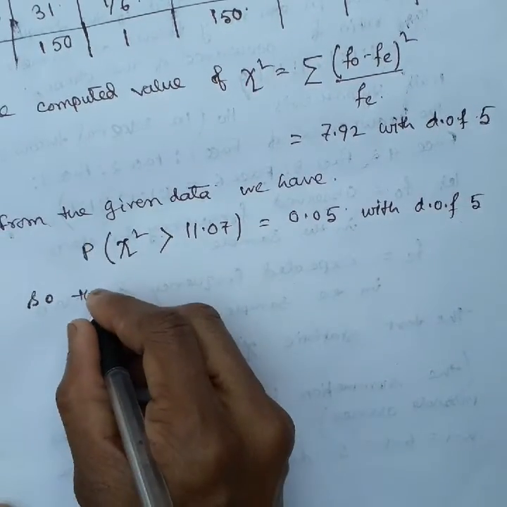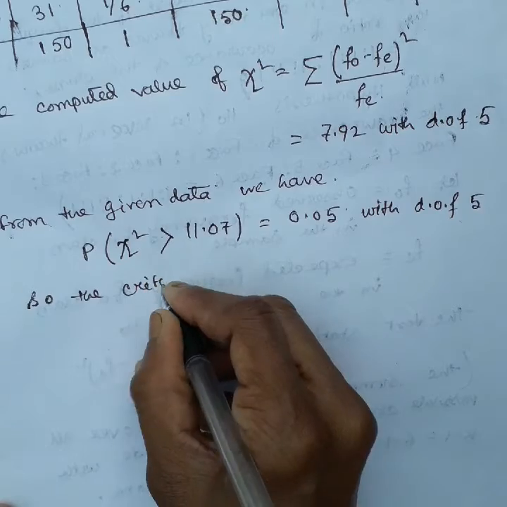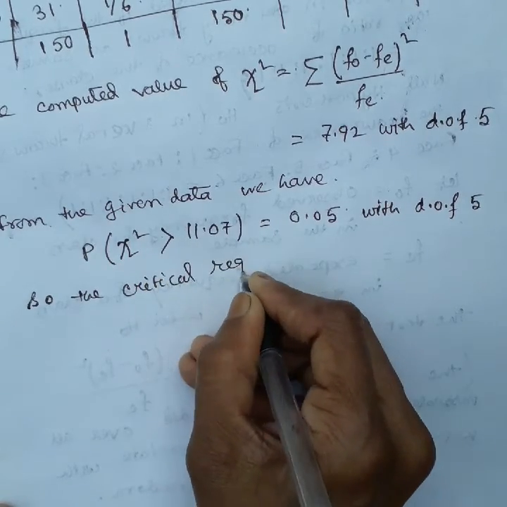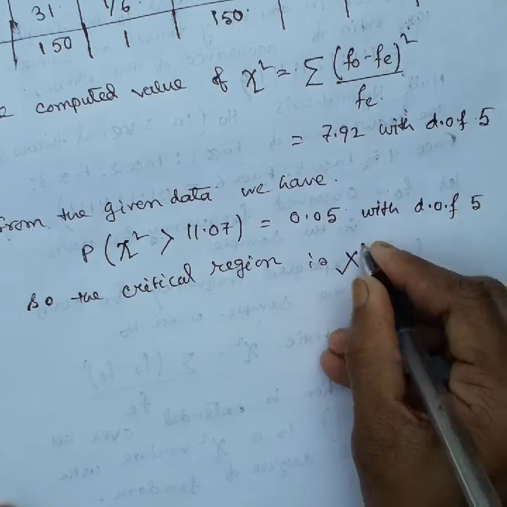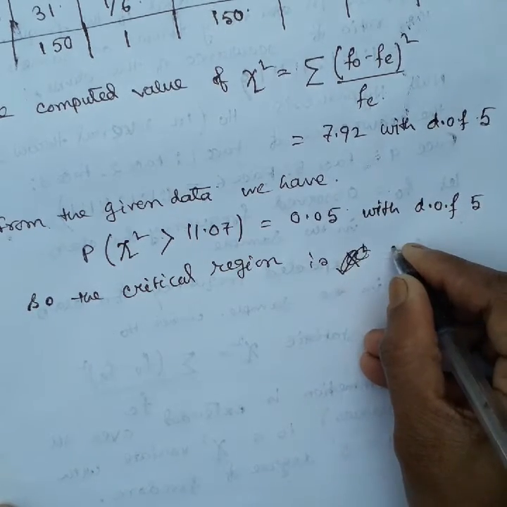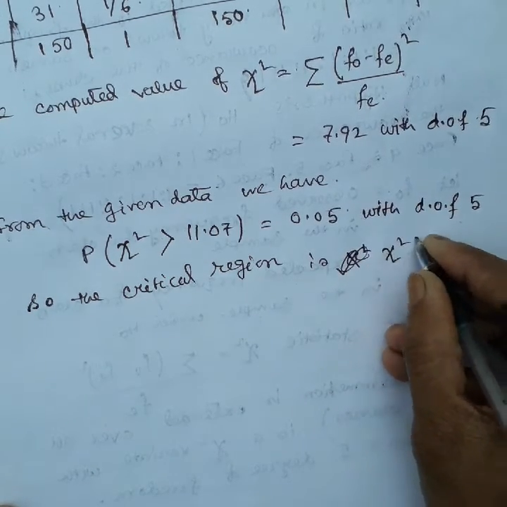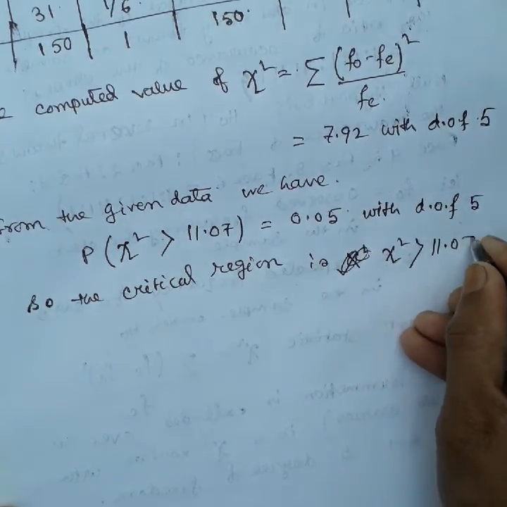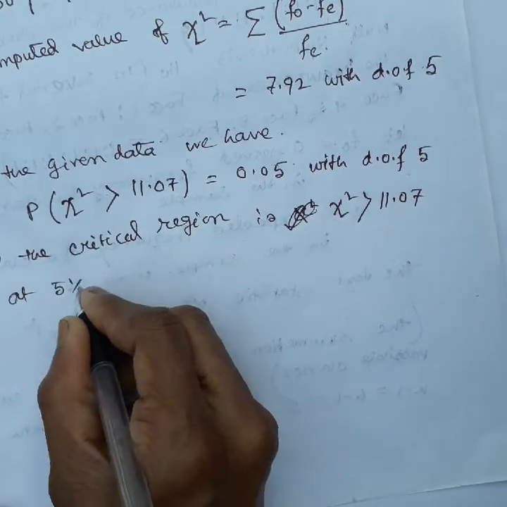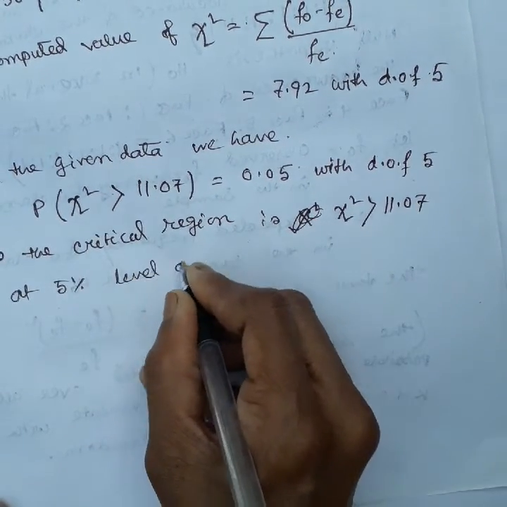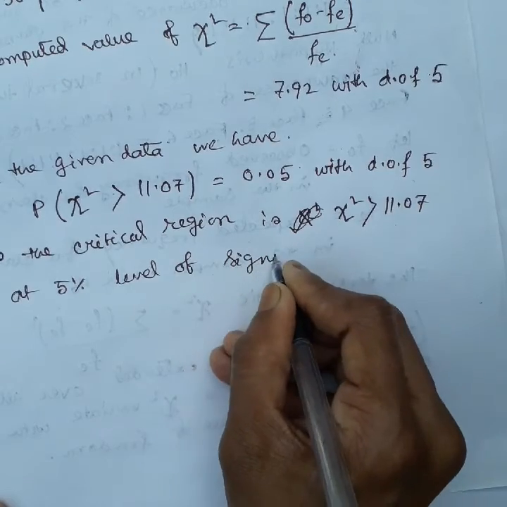So the critical region is chi-square greater than 11.07 at 5% level of significance.